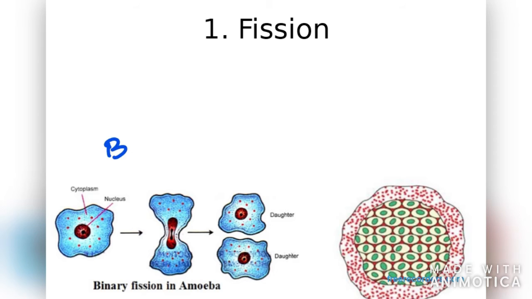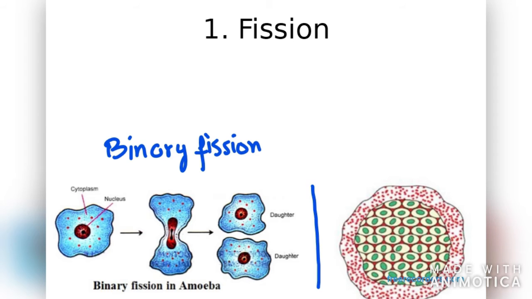In the case of binary fission, as you can see in figure 1, amoeba elongates to form two daughter cells. Whenever we have two daughter cells, it is binary fission. In the second case, that is Plasmodium, it is multiple fission.